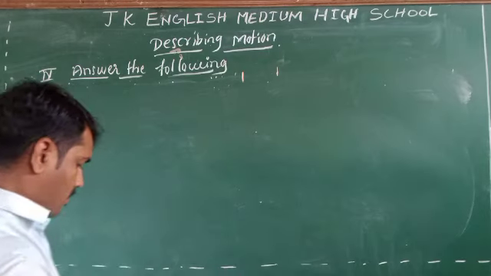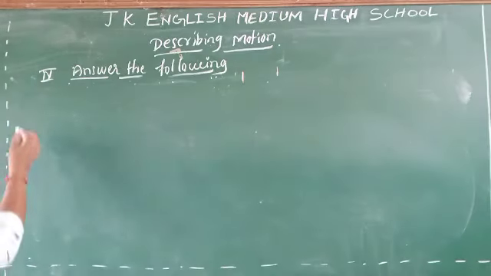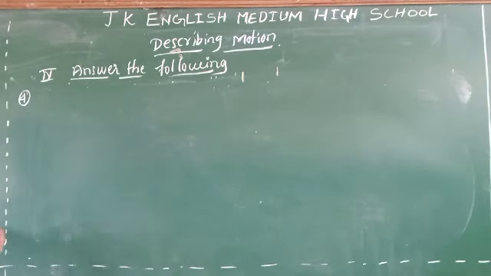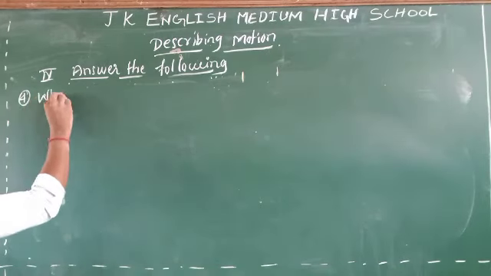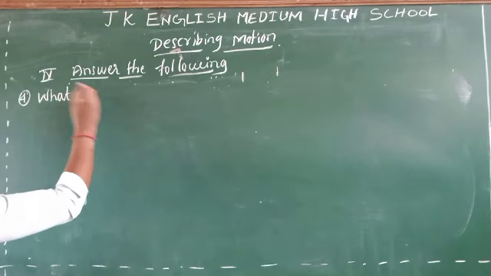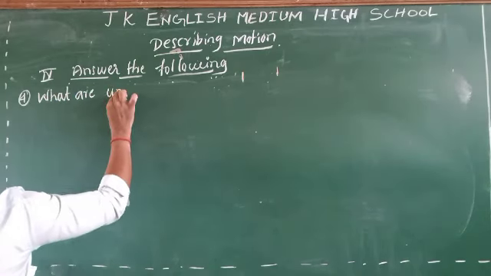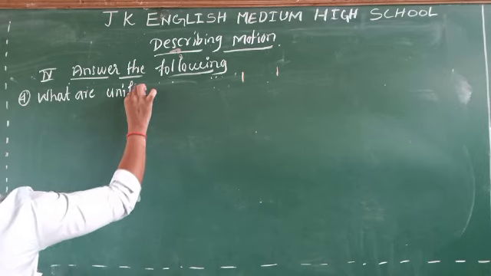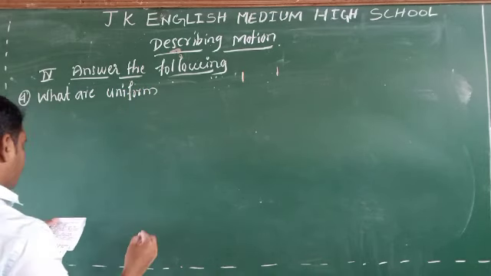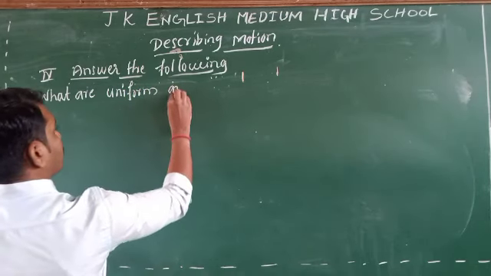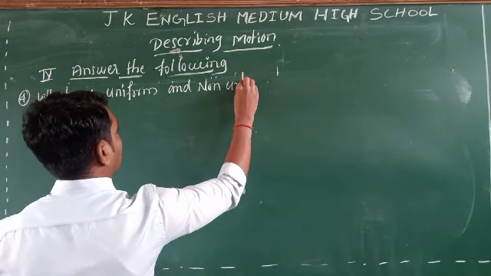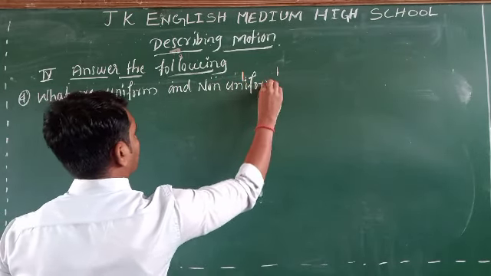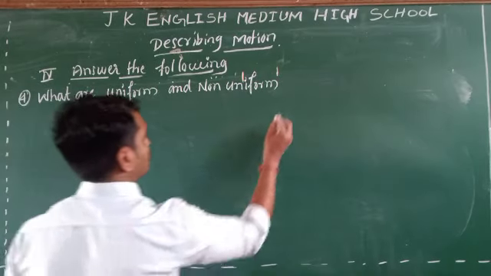Okay. Question number 4 is, what are uniform and non-uniform motion?